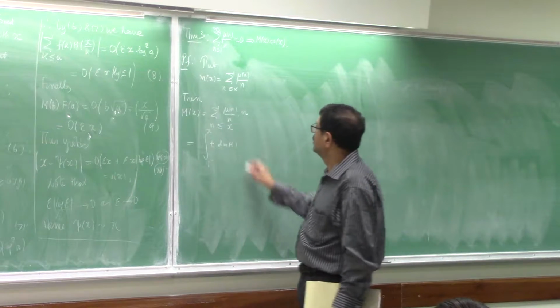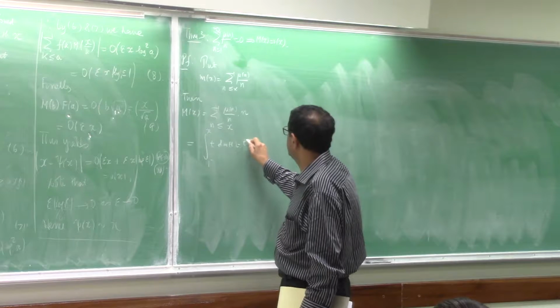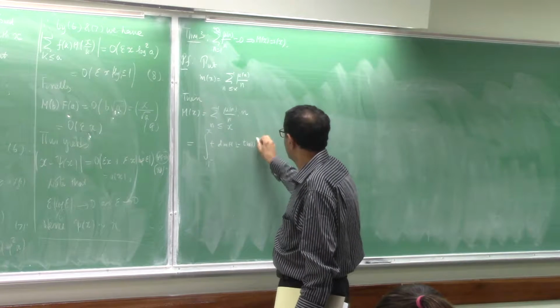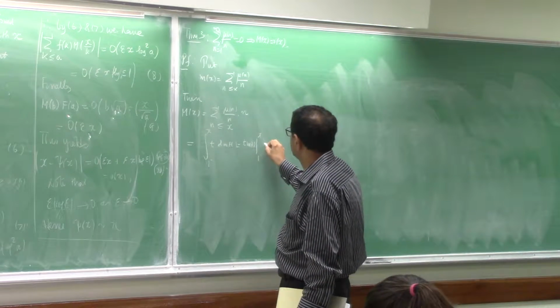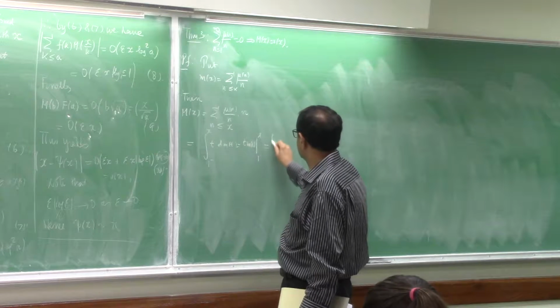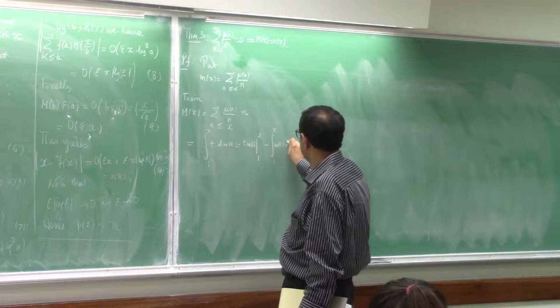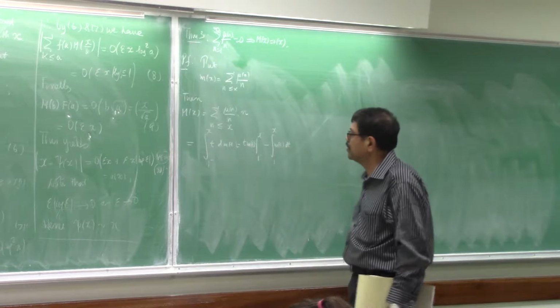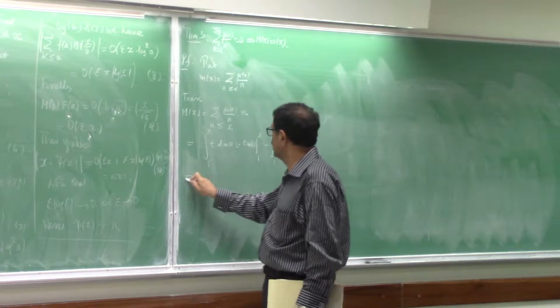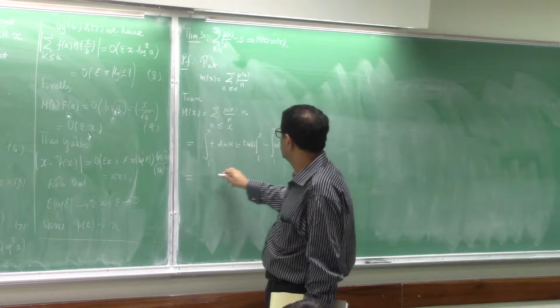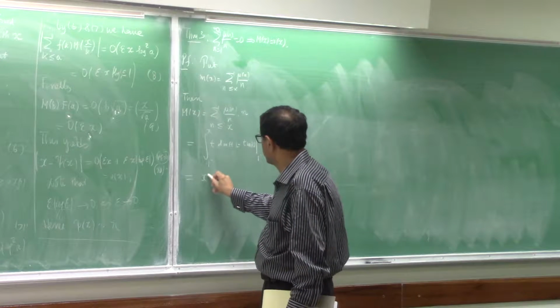Right? So that is t m of t from 1 minus to x minus the integral from 1 to x of m of t dt. I differentiate the t. This is nothing but x m of x.